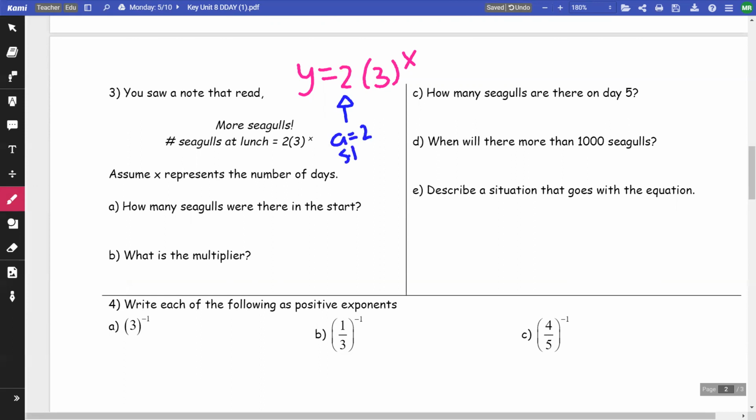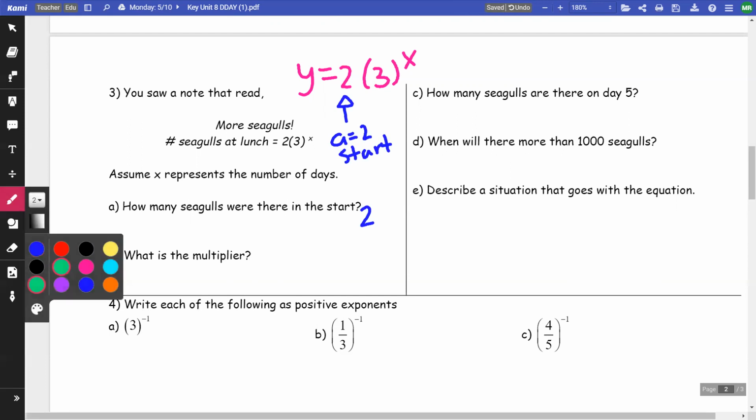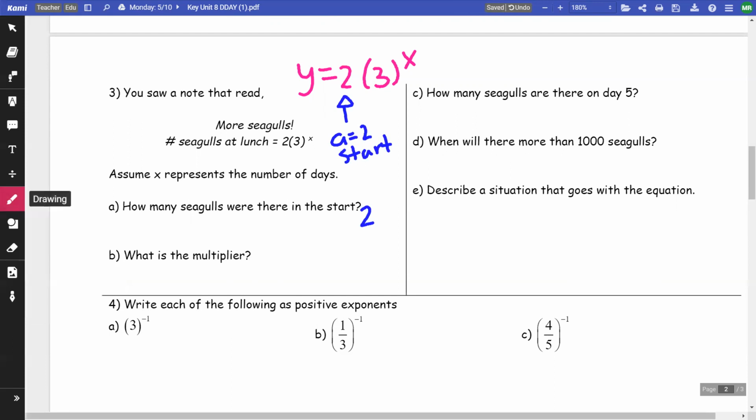It is our start. So when it says how many seagulls were there in the start, there were 2. What is the multiplier? The multiplier is this 3. That is our b. Again, it is our multiplier. So the multiplier is 3.